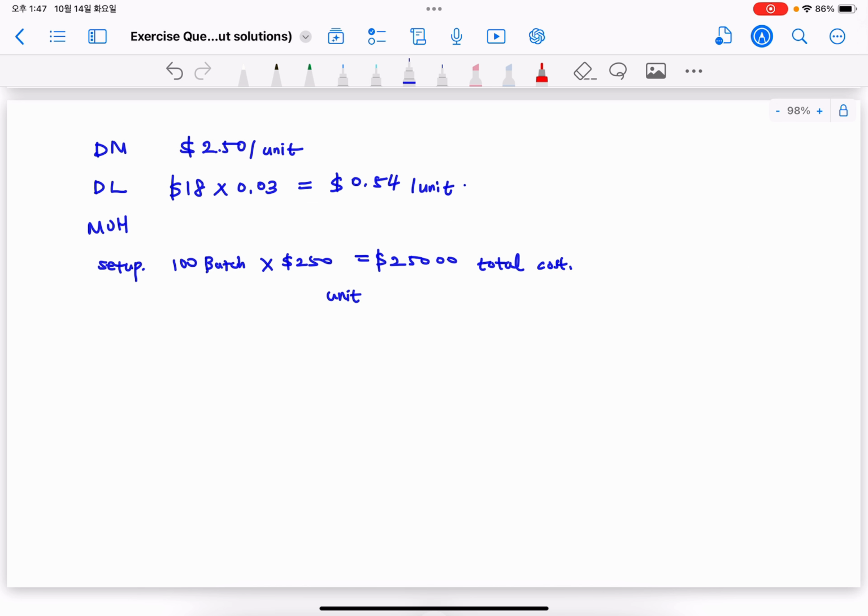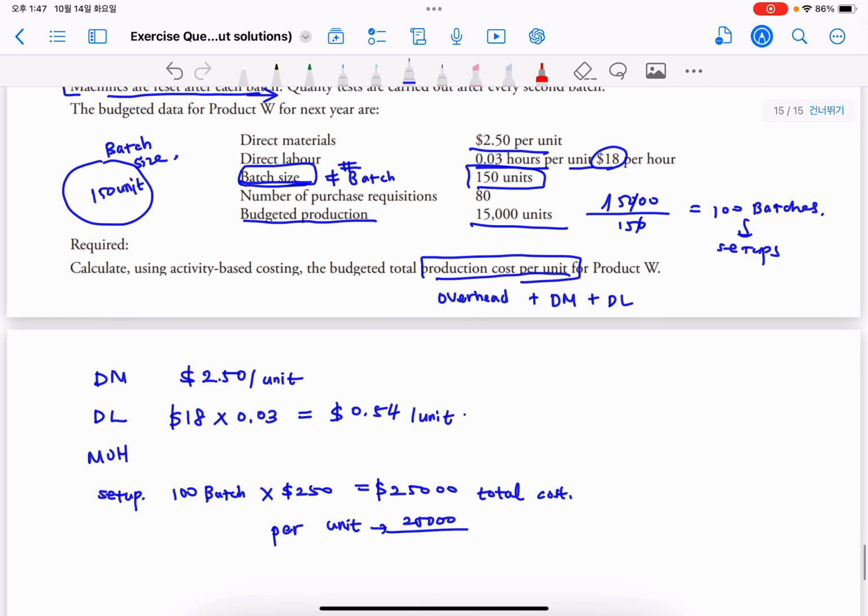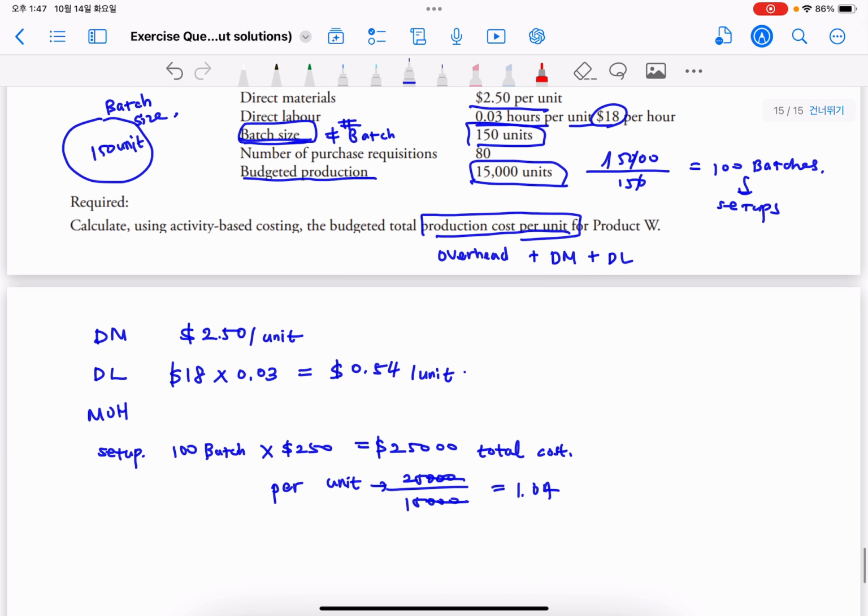So per unit, we can calculate by dividing this by the total production of 15,000 units, right? So once you calculate this, this is going to be 1.67. Okay.